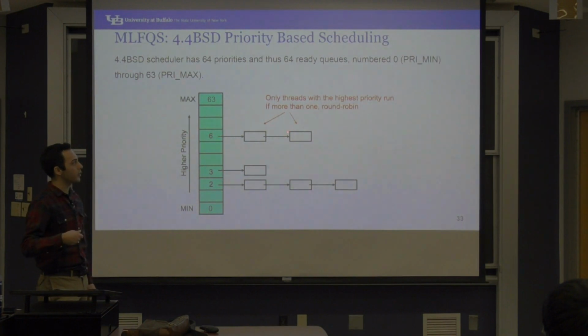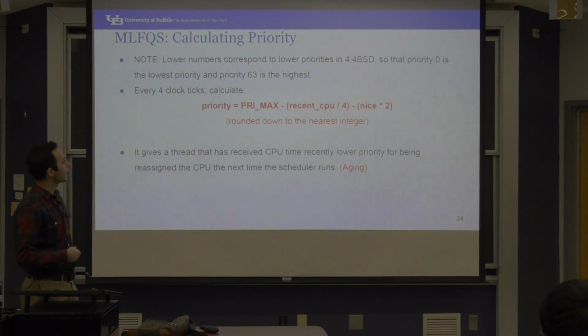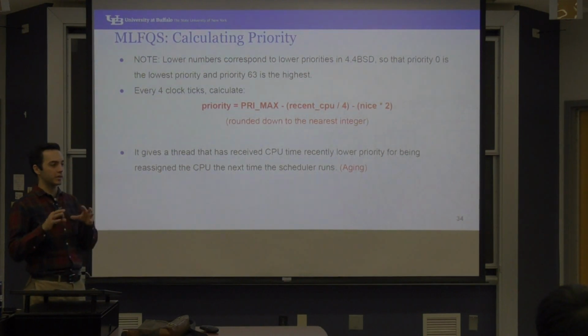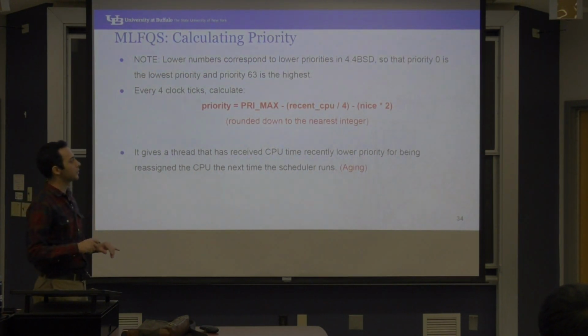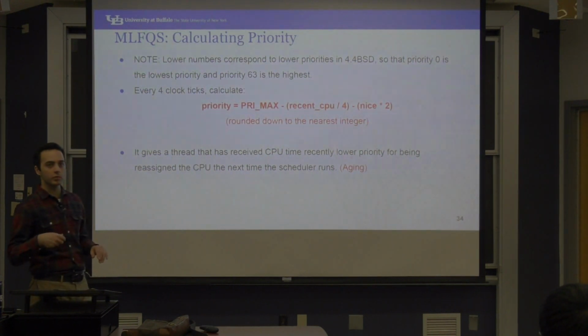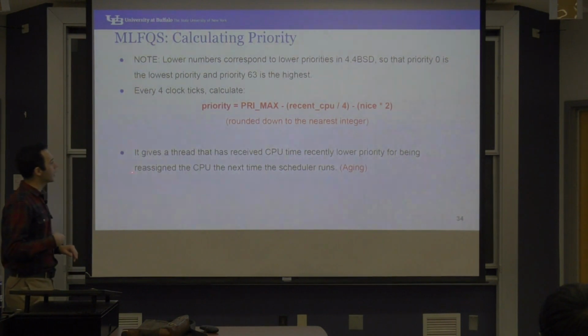Within the same priority, if there are multiple threads, they should have round-robin time-based scheduling. And then there are ways to calculate the priority over time. The priority changes based on how much CPU time a thread has been recently using. If you're using too much CPU, maybe your priority should go down, so you don't hog the CPU. And then how nice a thread is. This is again something that we will talk about.